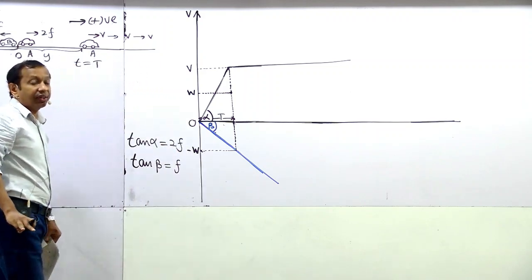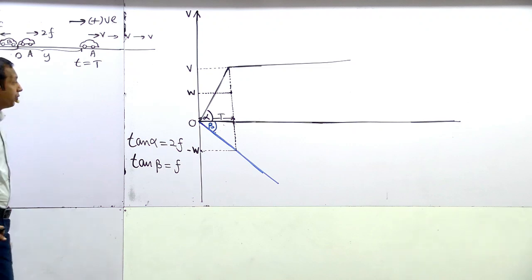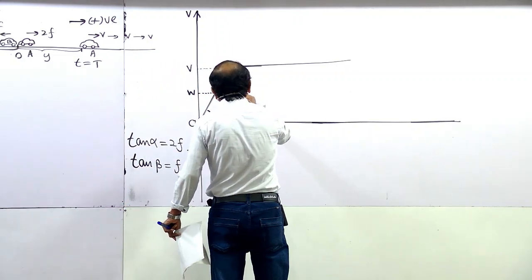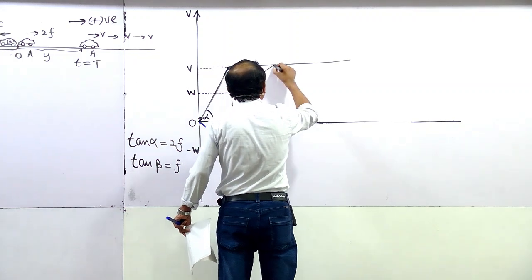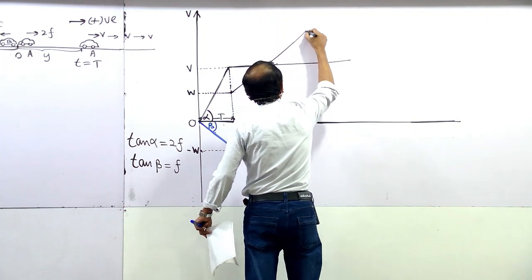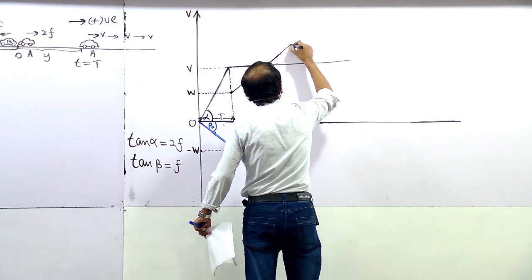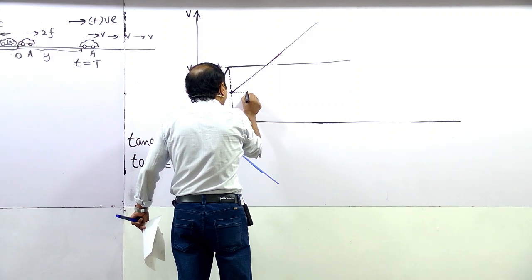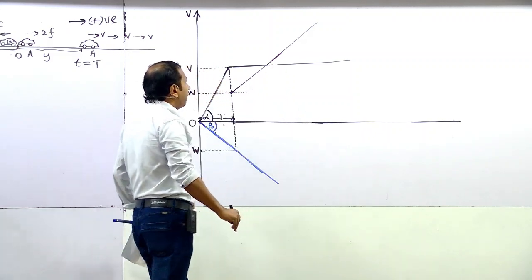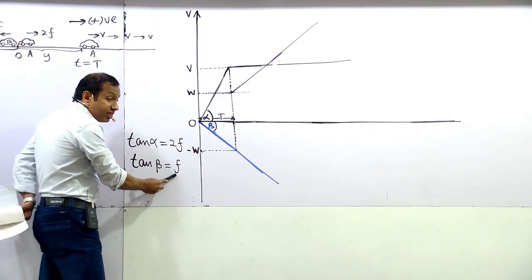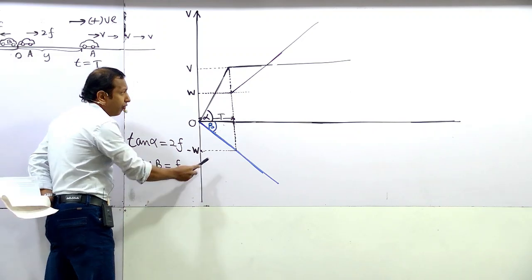It moves with acceleration, people, f. Then how should I draw the VT graph of car C? Yes, it should be like this, no? This is car C. We are given the acceleration of car C as simply f. Then tan beta is f. Then what could be this angle?